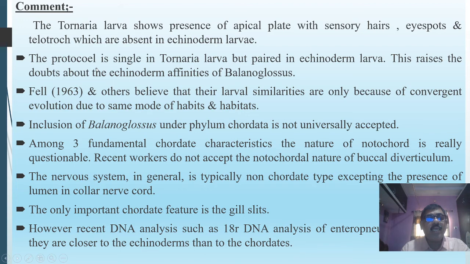Then the protocoele is single in the Tornaria larva, but paired in the echinoderm larva. This raises doubt about the echinoderm affinities of Balanoglossus. Why? Because Balanoglossus has a single unpaired coelom and the echinoderm has a paired coelom.